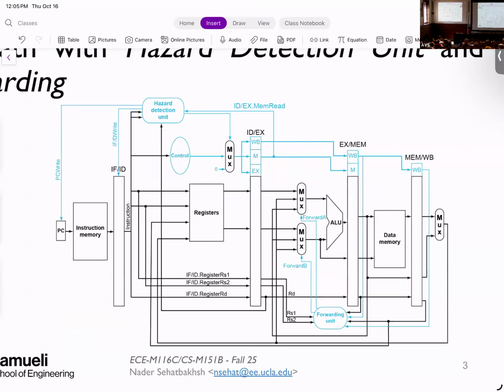Last week, this was the design that we mainly focused on. We essentially talked about two important things. We talked about the hazard detection unit and how we insert the bubble and how we stall the processor by disabling the two registers.